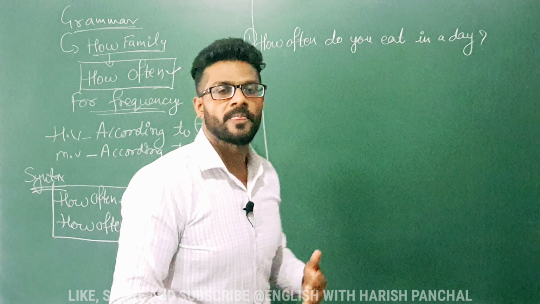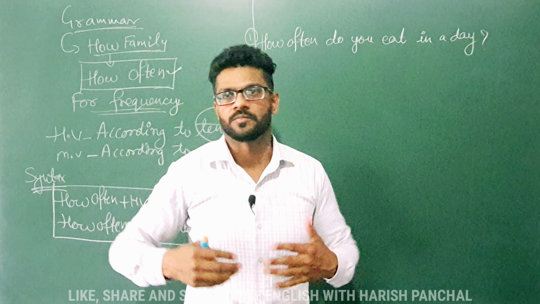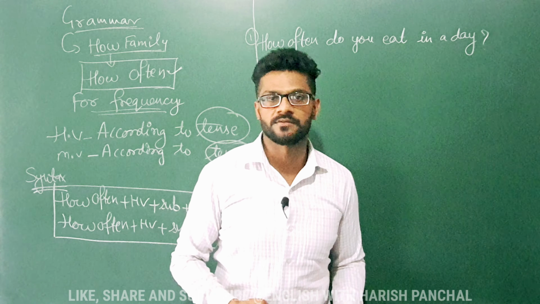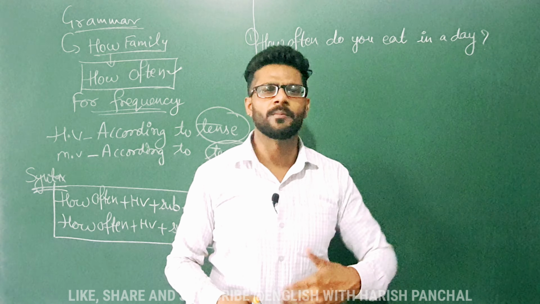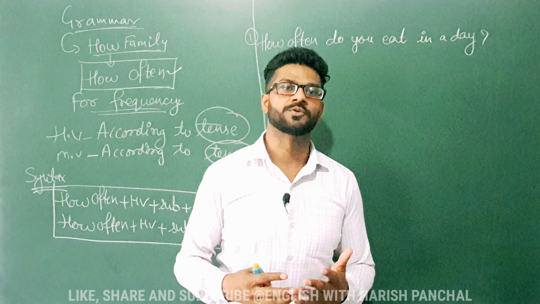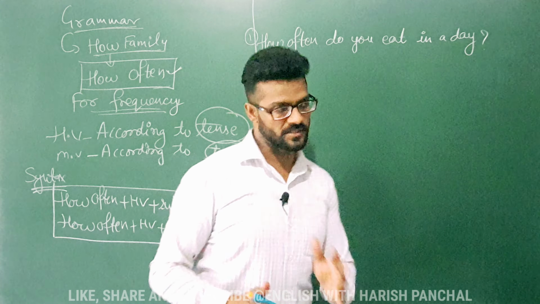You eat food one time, twice, thrice, four times, five times, six times. How many times do you eat food, and how often do you eat food? Both are quite similar.